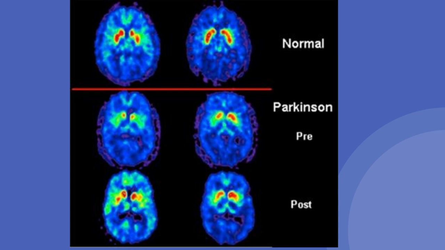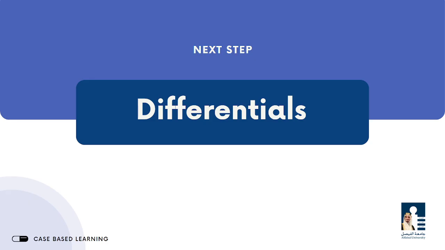So you actually label the dopamine, you send it to the body, it goes up, and it starts to uptake in this area. But if it's normal, it means it's highly functioning. Dopamine is normal, there's no issue in the dopamine aspect of the brain. That means it's not Parkinson's. It means it's something else. So we use PET scan to label abnormal Parkinson's or atypical Parkinson's, not to diagnose Parkinson's.